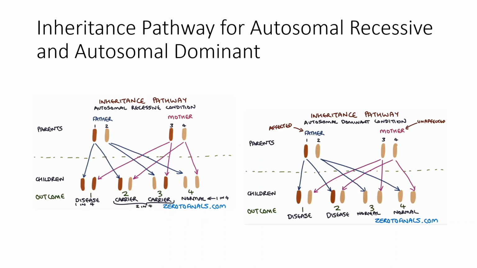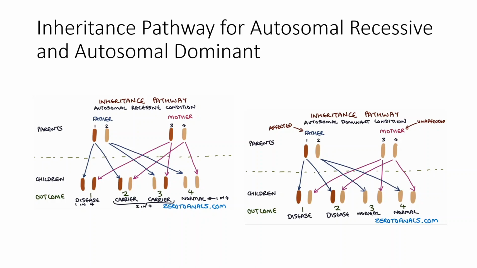When we cross 1 to 3, 1 to 4, 2 to 3, 2 to 4, we see that 1 out of 4 will have the disease, 2 out of 4 will be carriers, and 1 out of 4 will be normal. This is very important because up to 50% of the questions in genetics, you will have to draw this.